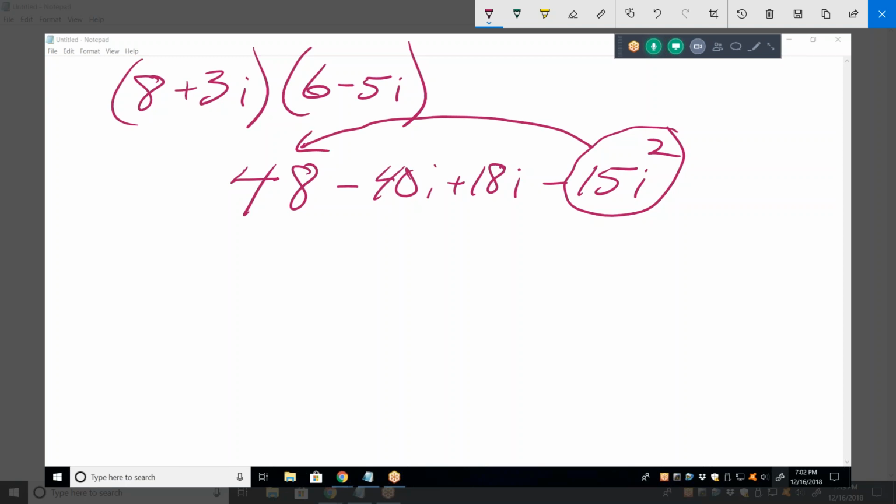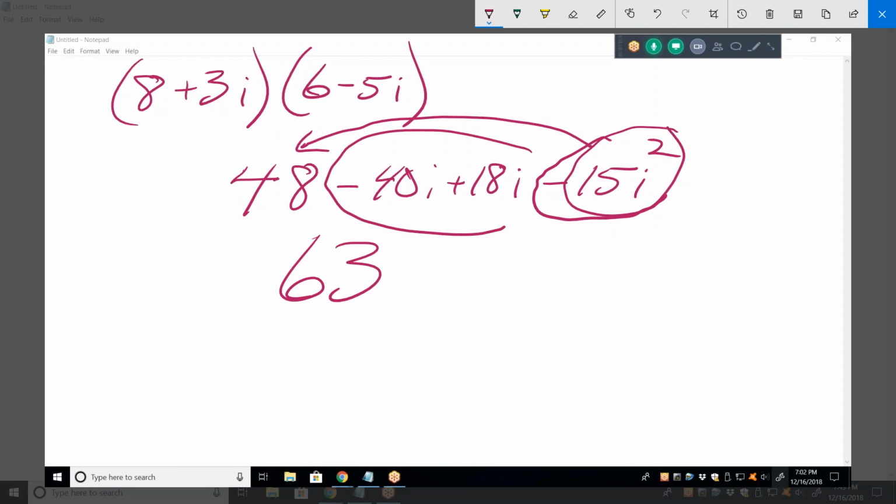So what do I get when I combine those? You get 63. Okay, now combine those. Minus 22i. And that's your answer.